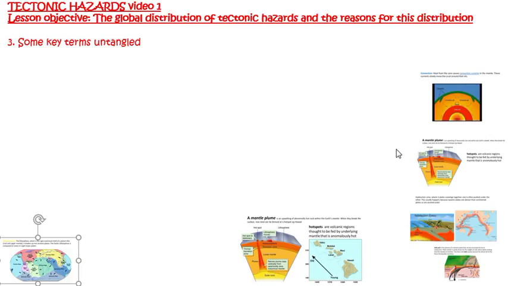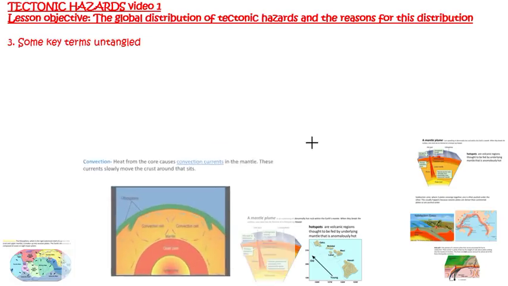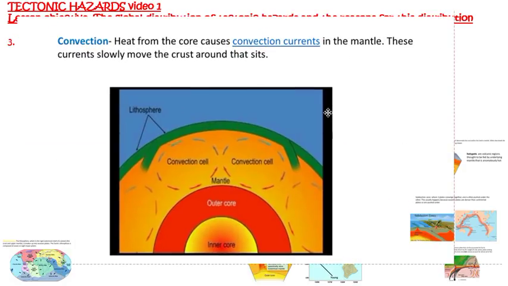Next key term is, well, what causes these plates to move? Now then, it's a process of convection. Convection is when heat from the inner core of the Earth causes convection currents or cells in the mantle. Make a little note as well of what it is that causes this intense heat in the Earth's inner core.